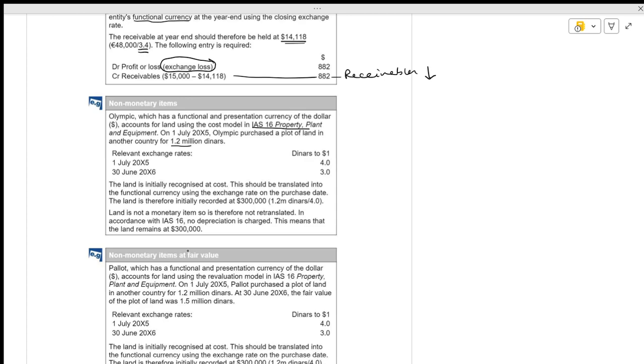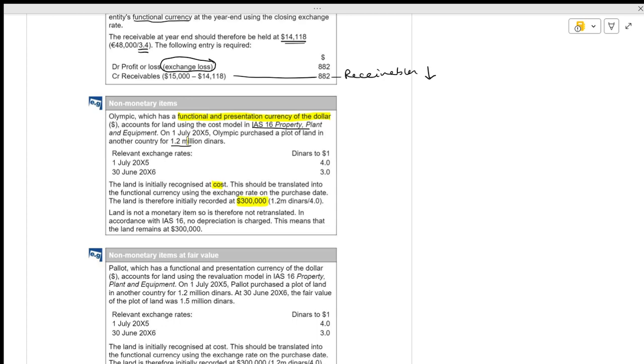Both functional and presentation currency are the same. The land is initially recognized at cost. This should be translated into functional currency at the exchange rate.